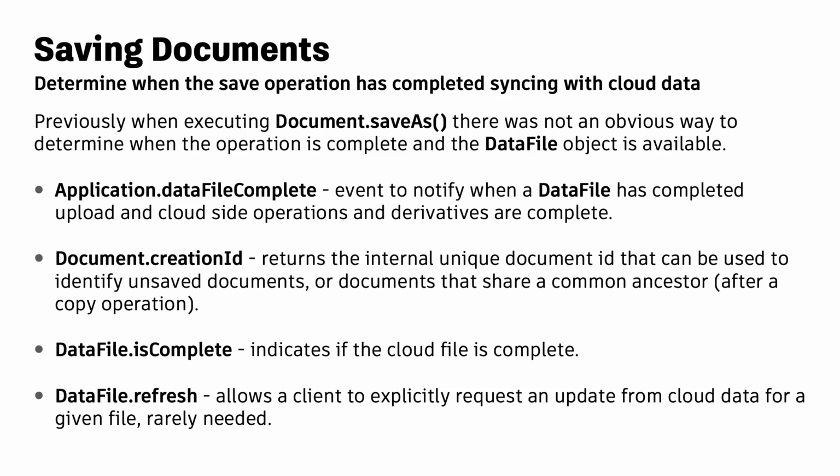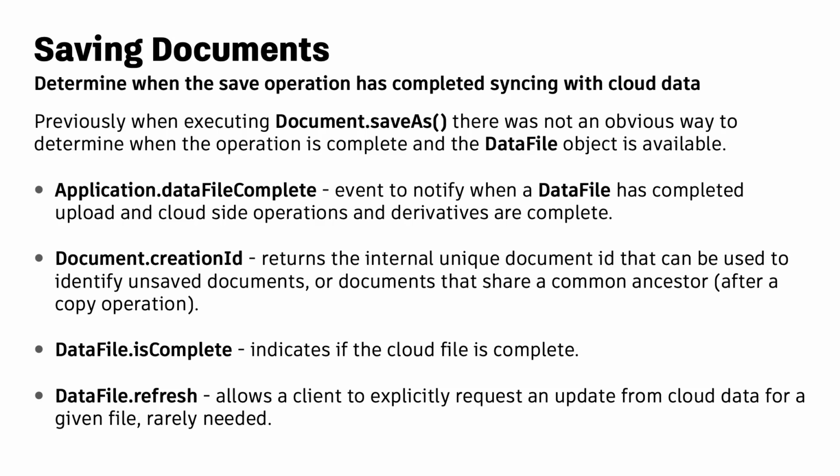Along with that, you can also get this object's data or document creation ID. The creation ID just gives you some sort of unique identifier before a file is saved. So once a file is saved and synced for the first time, you have the data file ID, but before that, you can now have this creation ID.